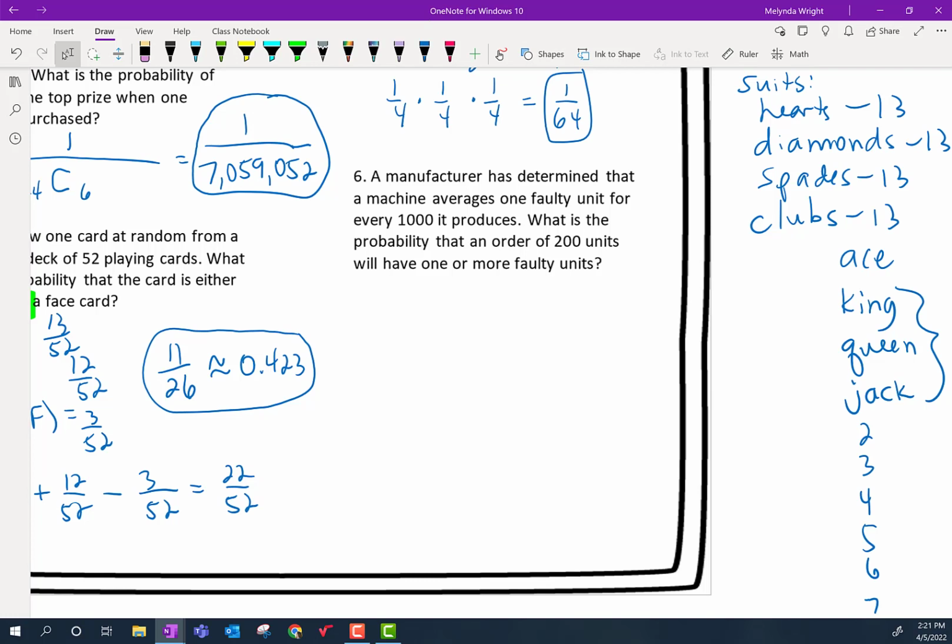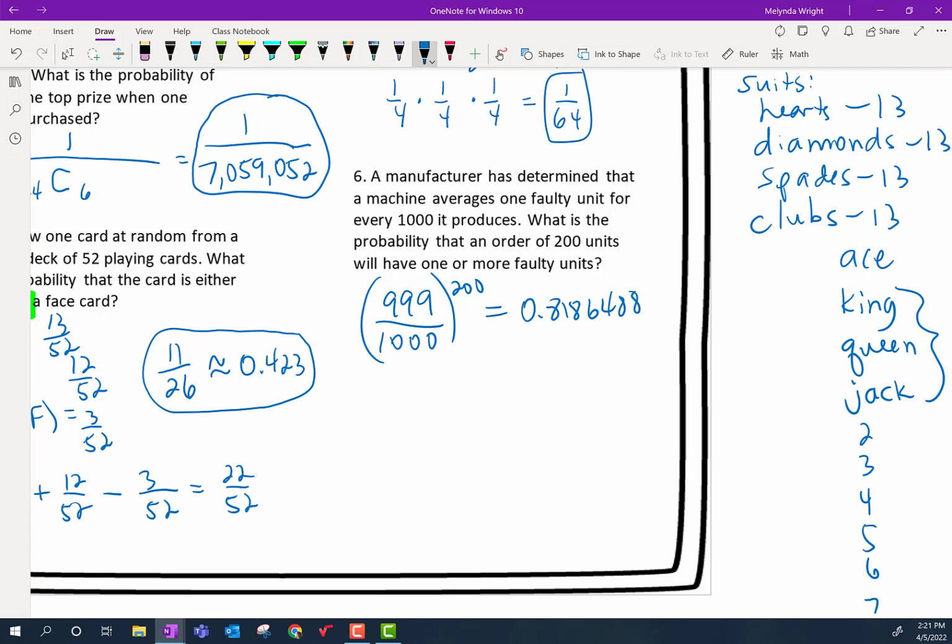This would be a perfect situation where I could use the complement. Let's do the opposite of that, okay? Let's do the opposite. Let's do 999 units out of 1,000, and let's do that 200 times. And that's going to give me 0.8186488.